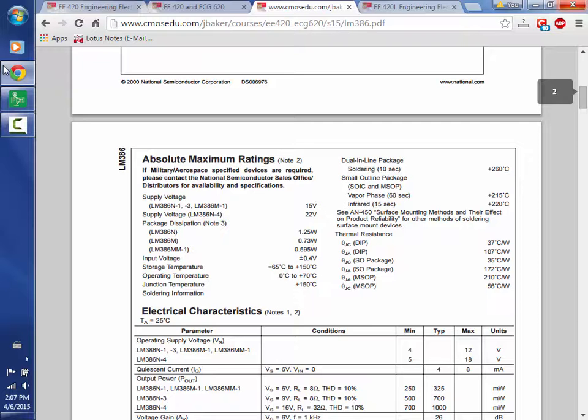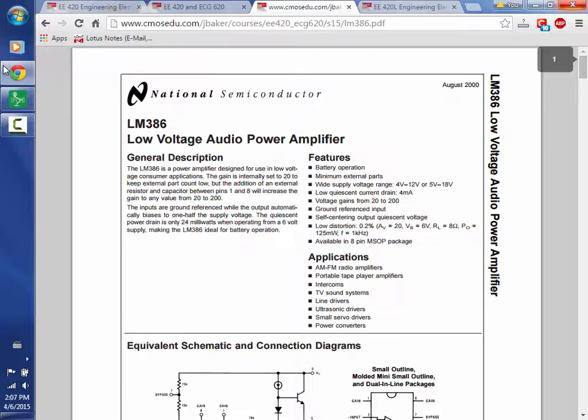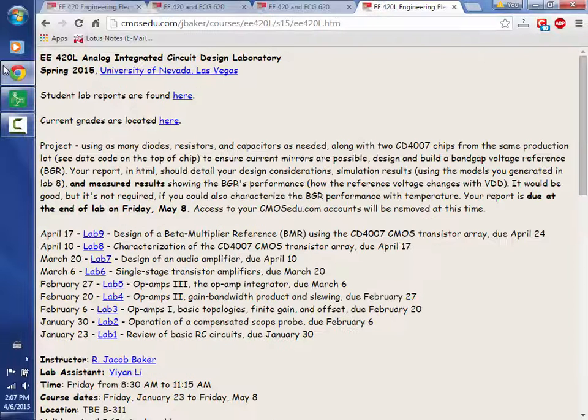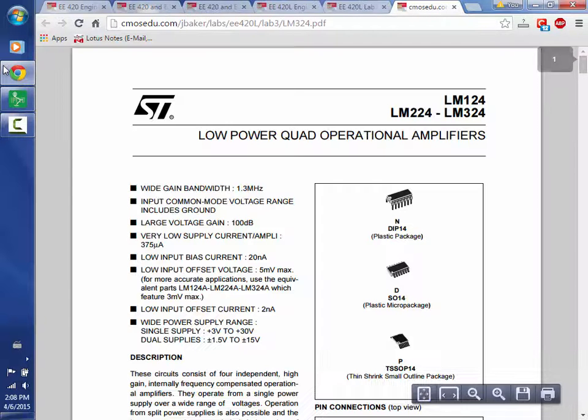Well, did we use a different one in lab? Op amps. Alright, let's look at the LM324.